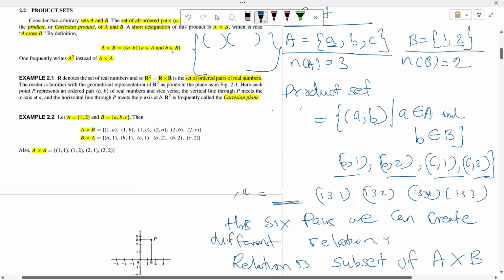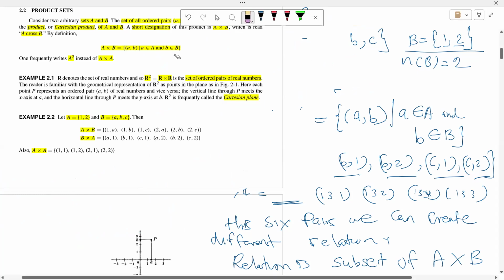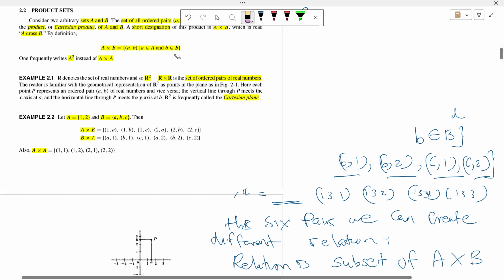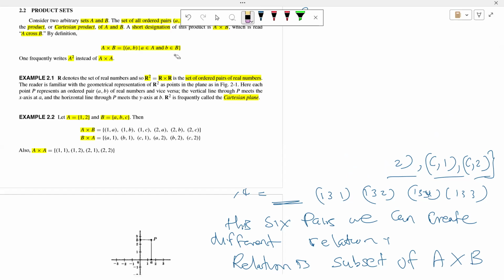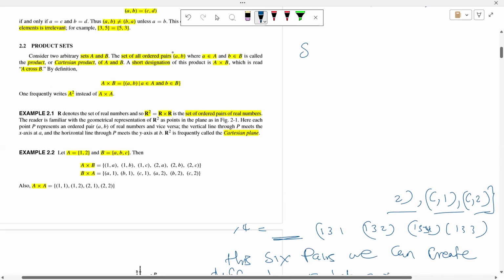A relation is a subset of the product set, A cross B or A cross C or something. So you check how many elements are in that product set. Then 2 to the power that number is the number of subsets we can create. So 2 to the power that number is the number of relations we can create, right?